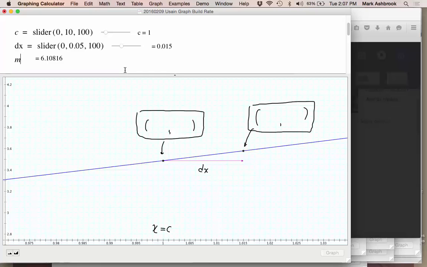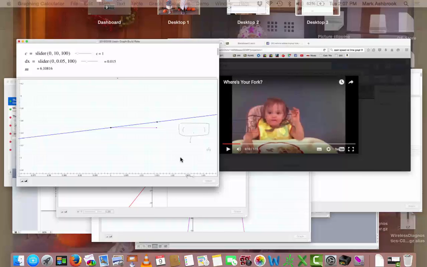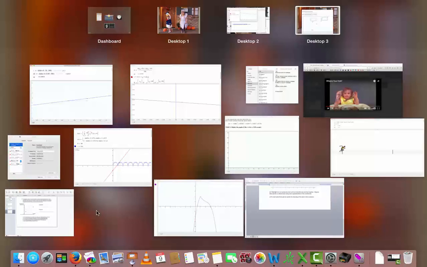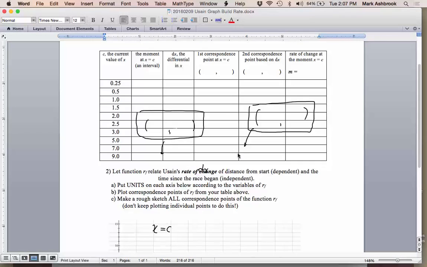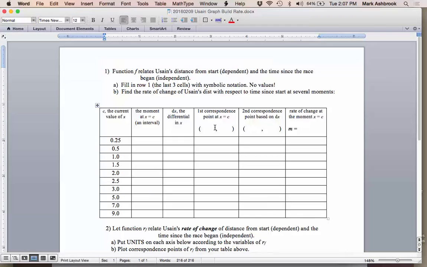So in this first column, the one that's taller, you're going to do these three right here, generically for any value of c and any value of dx. Okay? Is the task clear?